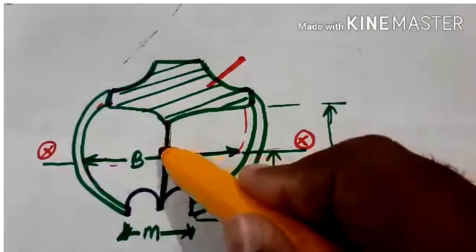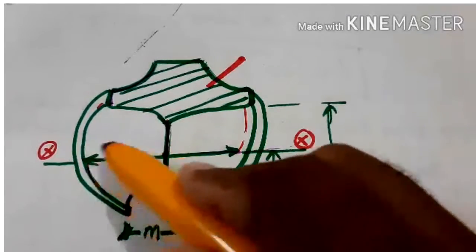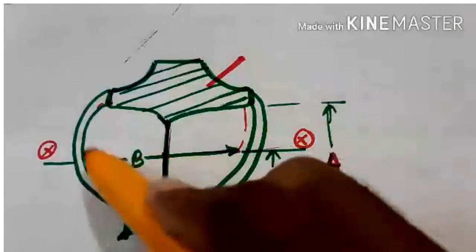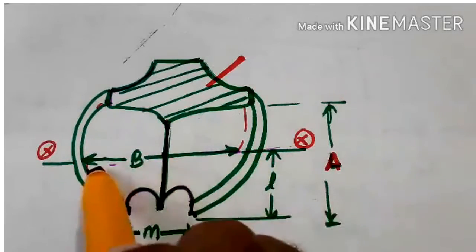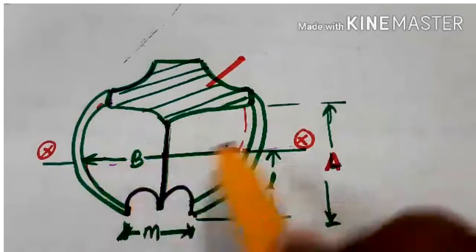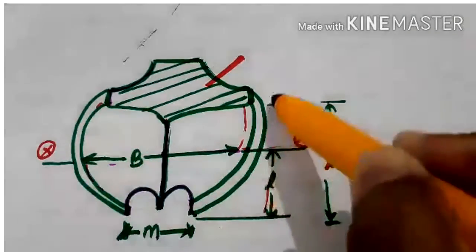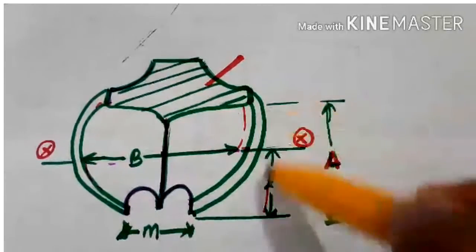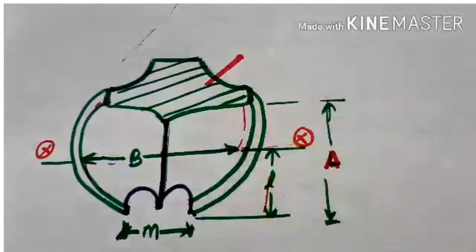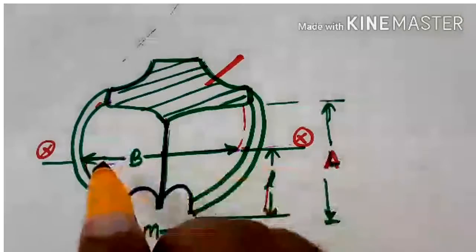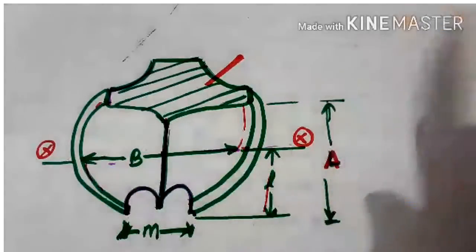The jet will come and hit at this place and the water gets split. This B is called the axial width, and the length measured in this direction is called the radial width. This is the groove width, this is the axial width, and this is the radial width.